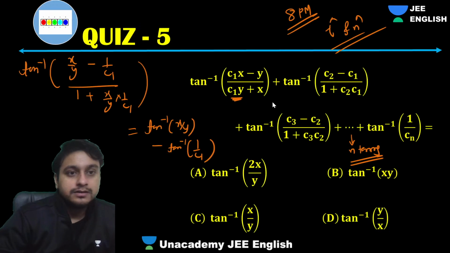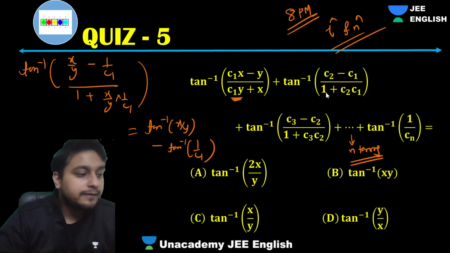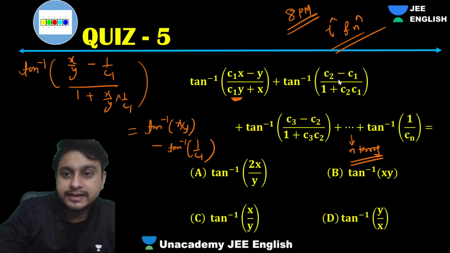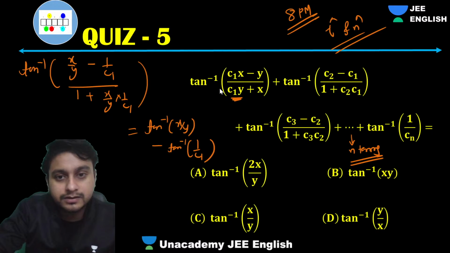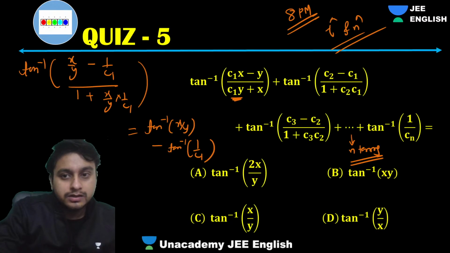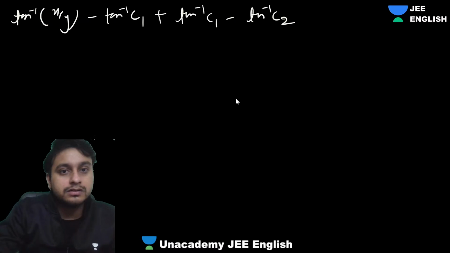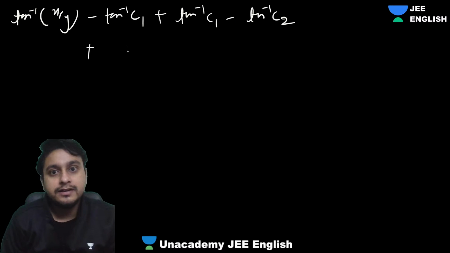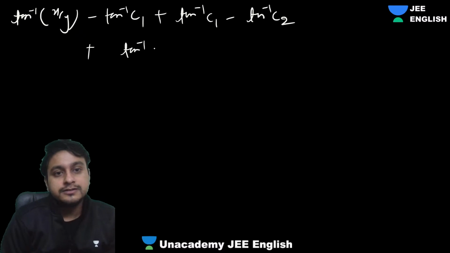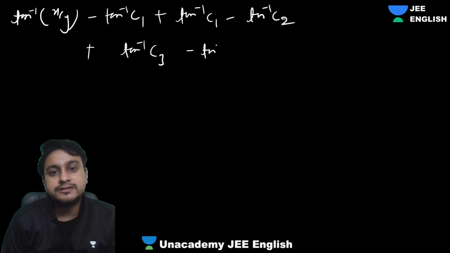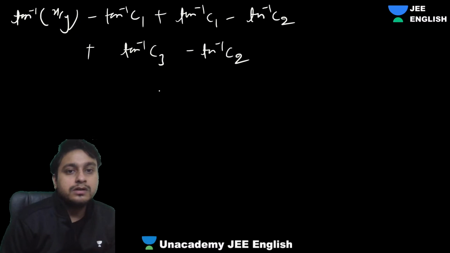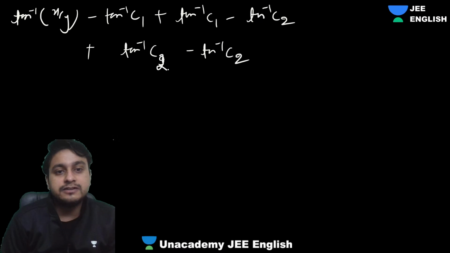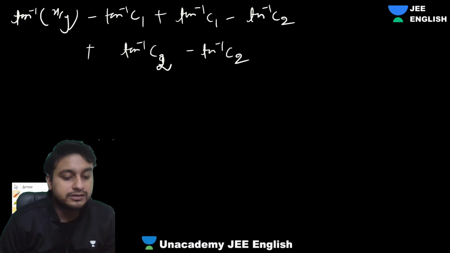Next will be tan inverse x minus y upon. Then it will keep on going like this. Finally, tan inverse c2 minus tan inverse c3. You can write it like this or that, it doesn't matter.